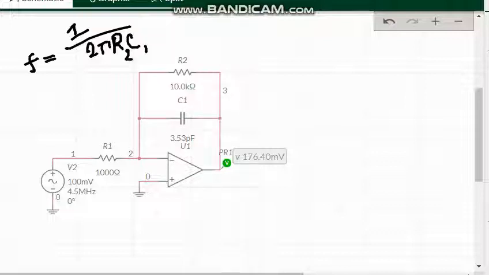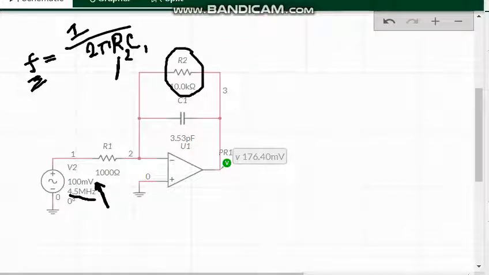We have taken 4.5 megahertz and 100 millivolt. I have taken R2 as constant, that's 10 kilo ohm, and I have taken C1 from the calculation. After calculation we get 3.53 picofarad.